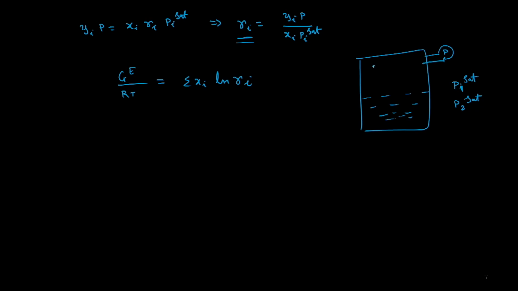At equilibrium, I will have both the liquid and the vapor phases, each with different compositions. The vapor phase composition is y_i, the liquid phase composition is x_i. I can sample them, obtain the mole fractions in the vapor and the liquid phases. And once I have all this information, I can go back and calculate the activity coefficient, and from it the excess Gibbs free energy.